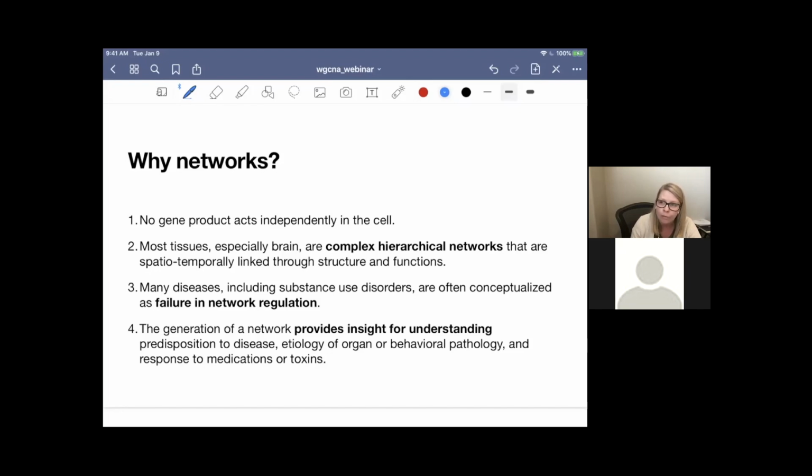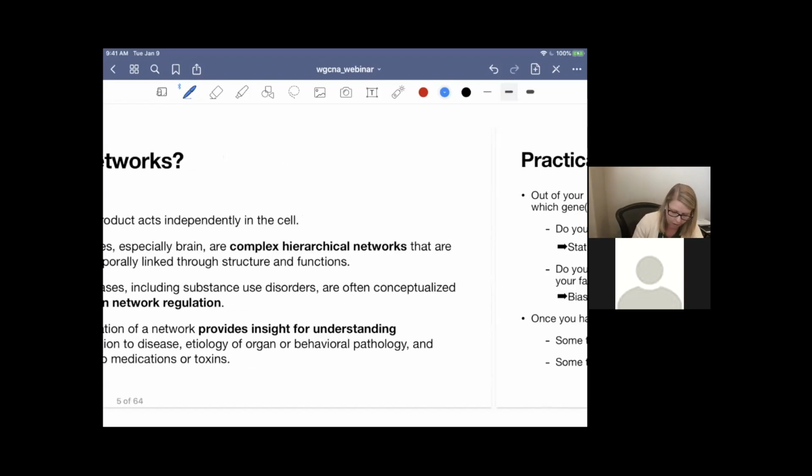So we know that not a single gene causes a substance use disorder, but it's usually how these genes interact. And we also know that variants in any one of the genes within the pathway could cause similar phenotypes or similar symptoms. And finally, the generation of this network helps us to pull out more insight about our genes than we could get by looking at genes in isolation.